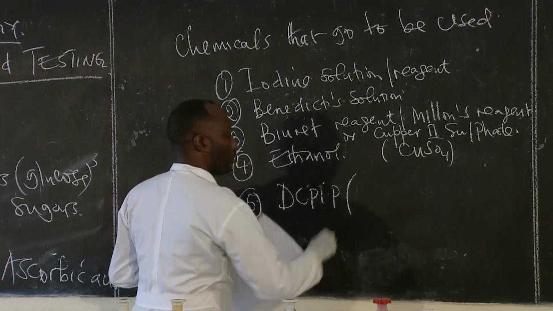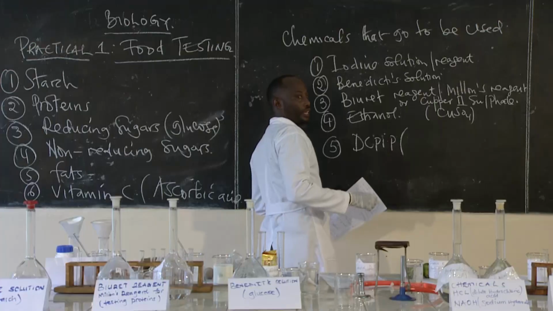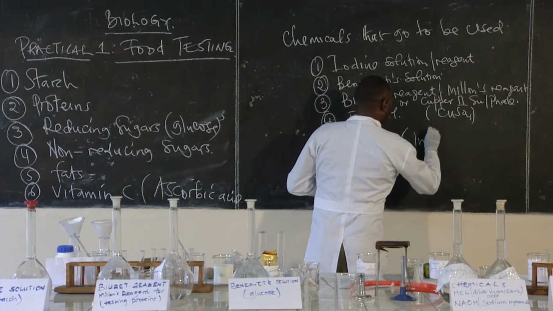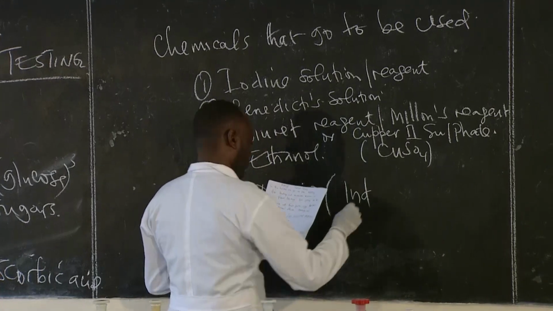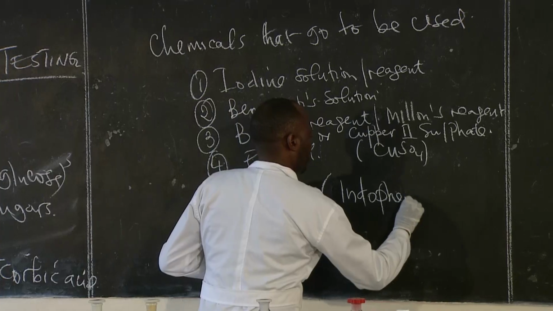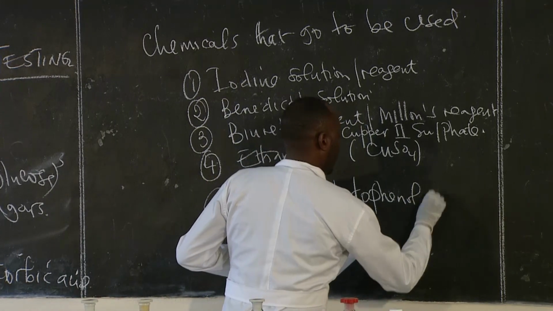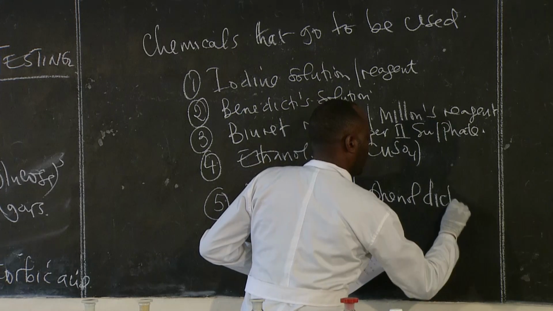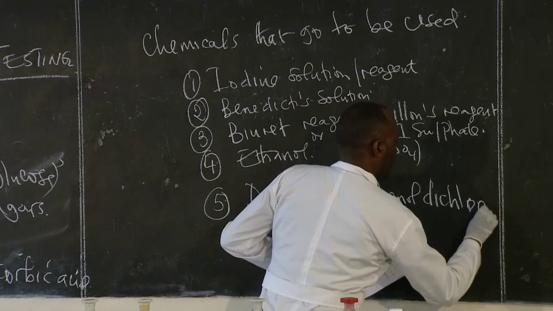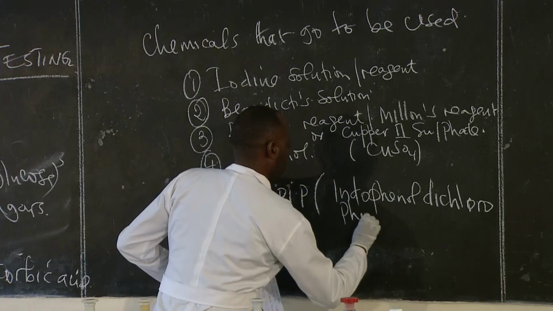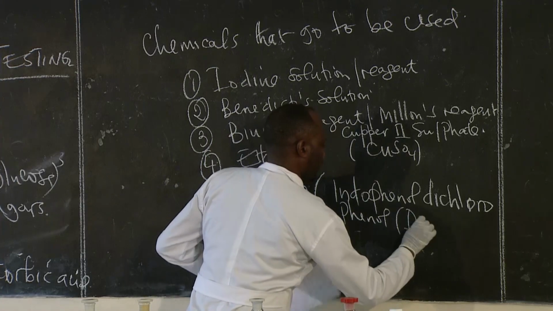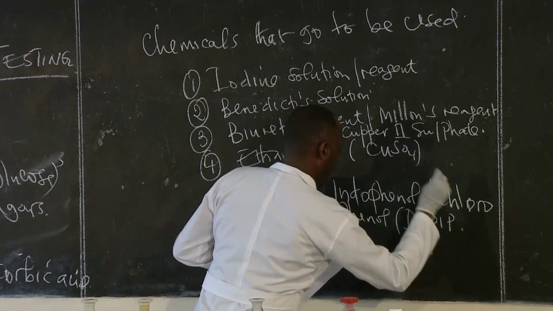Number six, we're going to use DCPIP. In full, we call it dichlorophenolindophenol, which is DCPIP.